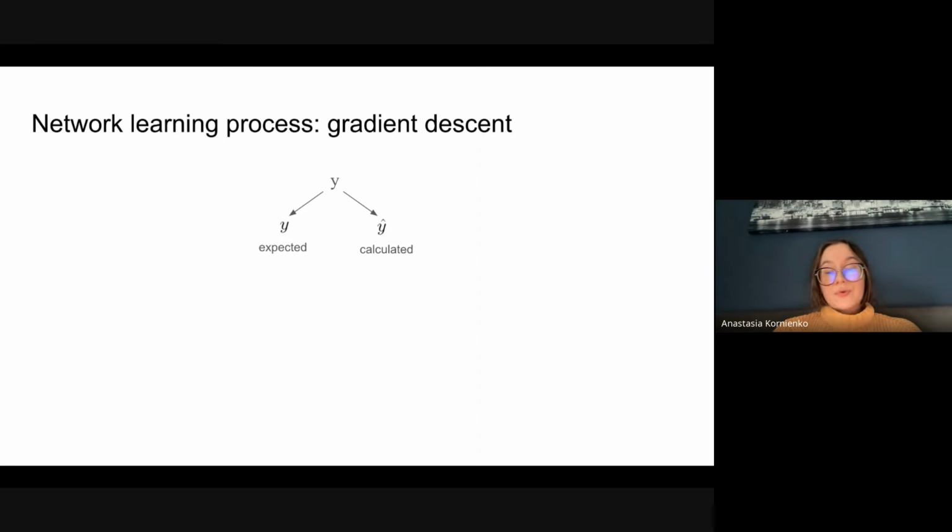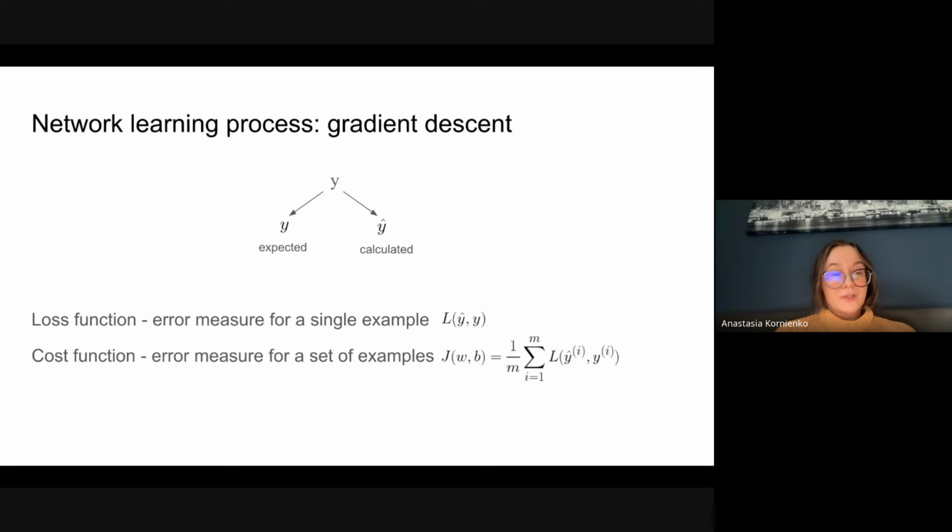And here we come to two more very important functions. The first one is the loss function. There are two measure functions. The first one is an error measure for a single example. So we have one example of data, one expected output, and one calculated output, and we calculate the probability that an error appears.